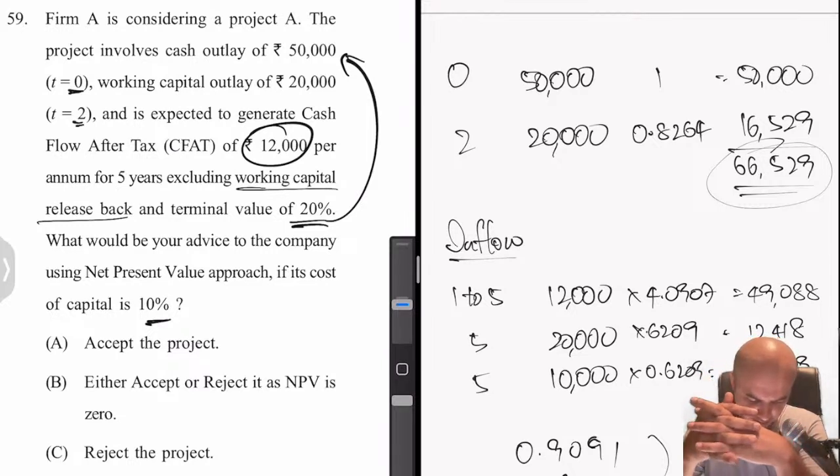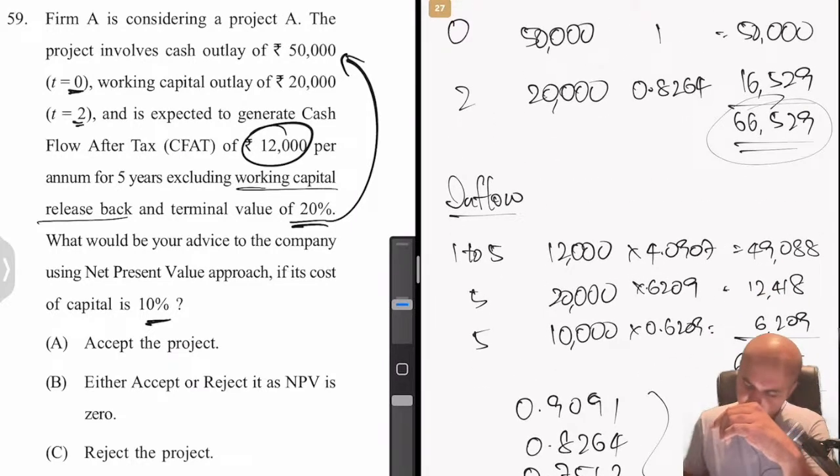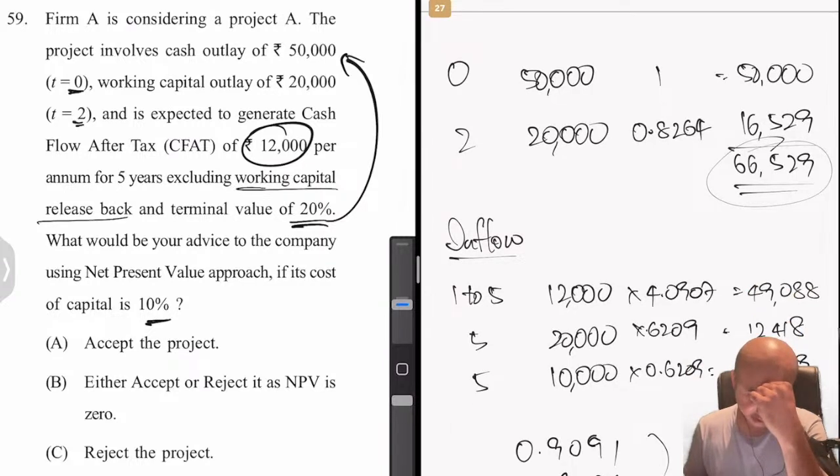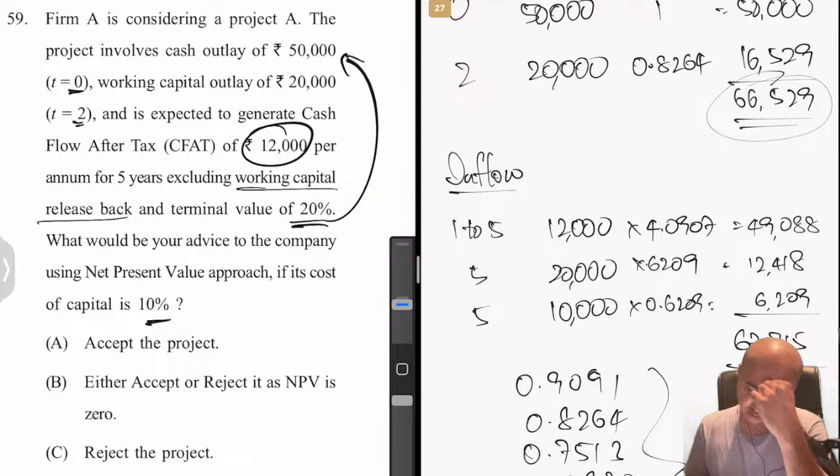That is also fine. 12,000 for the next 5 years, that means that calculation is fine. Now why would they reject the project? Okay, terminal value is 20%. 20% of 10,000. What else? Net present value will be positive. No, inflow is more than outflow.